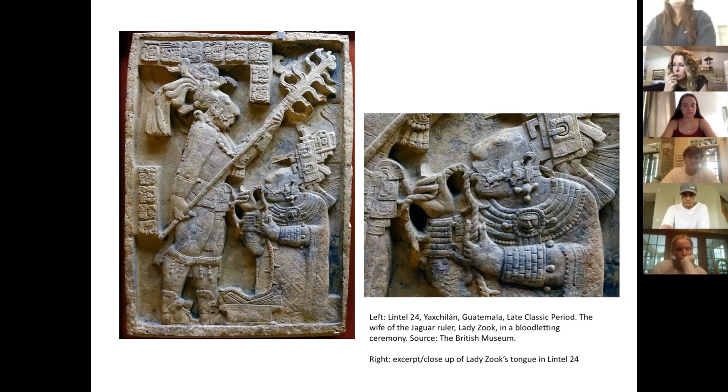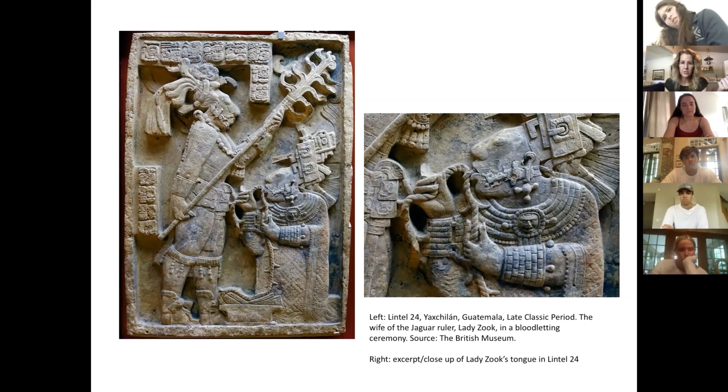The wife was required to cut through her tongue and string the rope through. It would be like a very large and grotesque piercing. And this sort of staff up above her would have been filled with a hallucinogenic incense. And the idea was during this process, due to the pain of the ritual itself, the gods would come to the woman and give her a vision of what her husband's reign would look like, or what would be the key features.